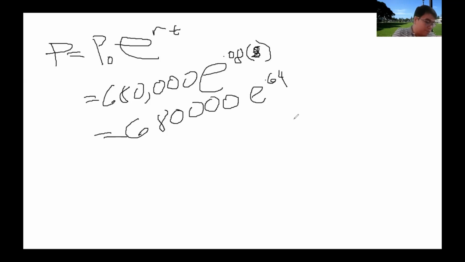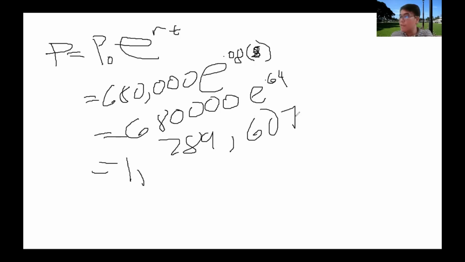Let's solve this one. 680,000 times e to the 0.64 is equal to 1,289,607.